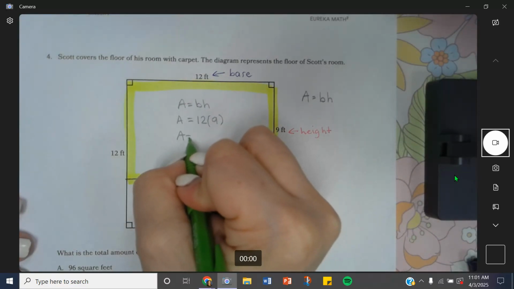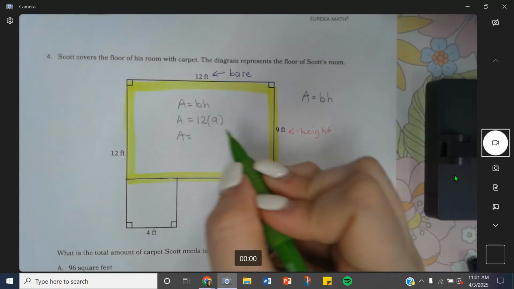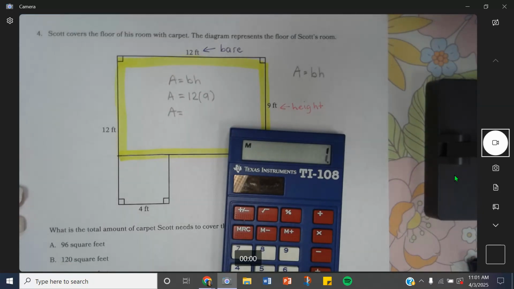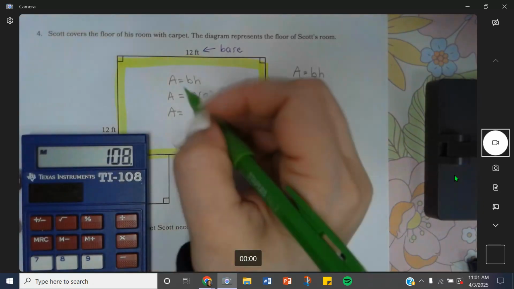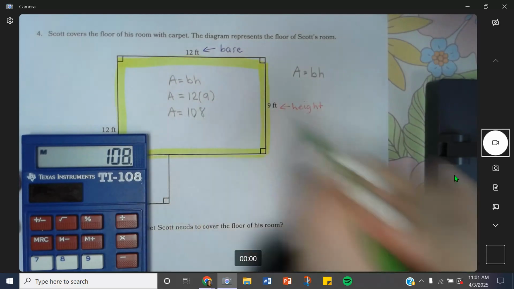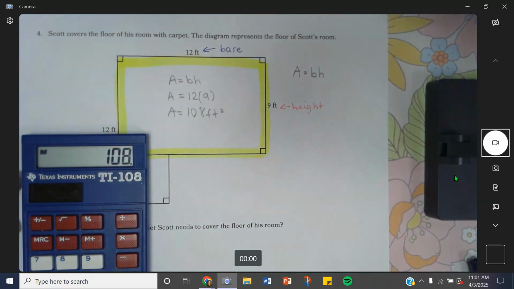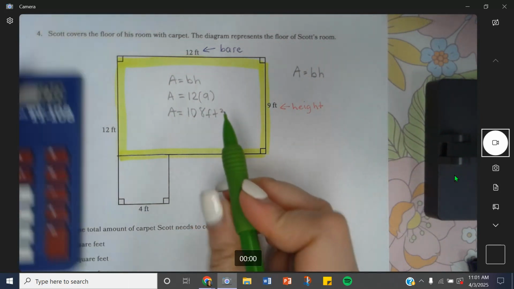From there, I'll rewrite my A for area because that's what we're solving for. I'll bring down my equal sign, and then we can use our calculator or our mental math to solve 12 times 9. And when we do that, we get 108. So the area of our yellow rectangle is 108 feet squared.